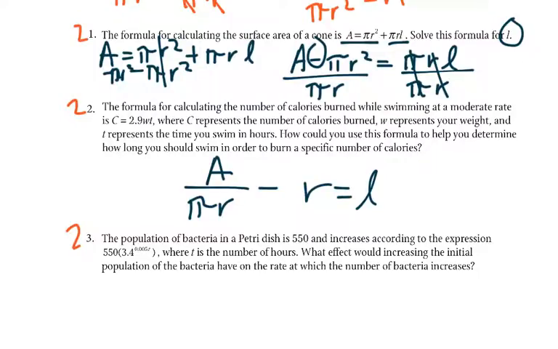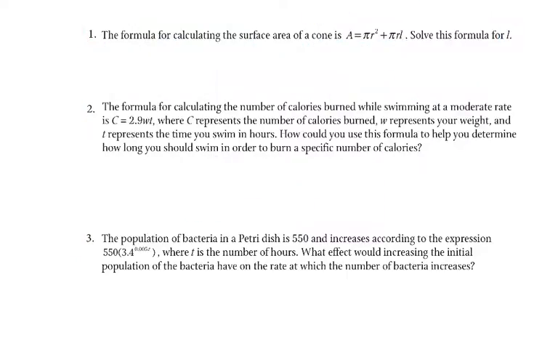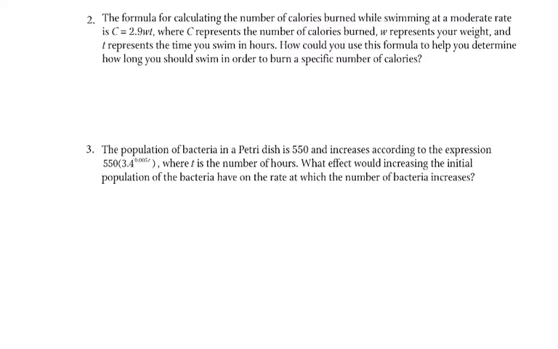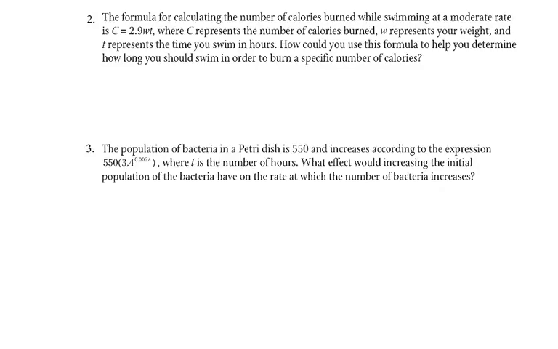Now, if we take a look at 22. So this time it says the formula for calculating the number of calories burned while swimming at a moderate rate is C equals 2.9 times W times T, where C represents the number of calories burned, W represents your weight, and T represents the time you swim in hours. How can you use this formula to help you determine how long you should swim in order to burn a specific number of calories?